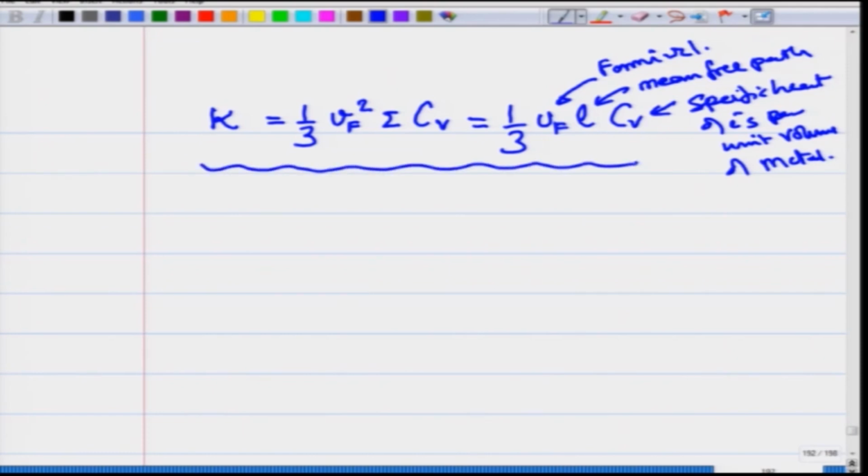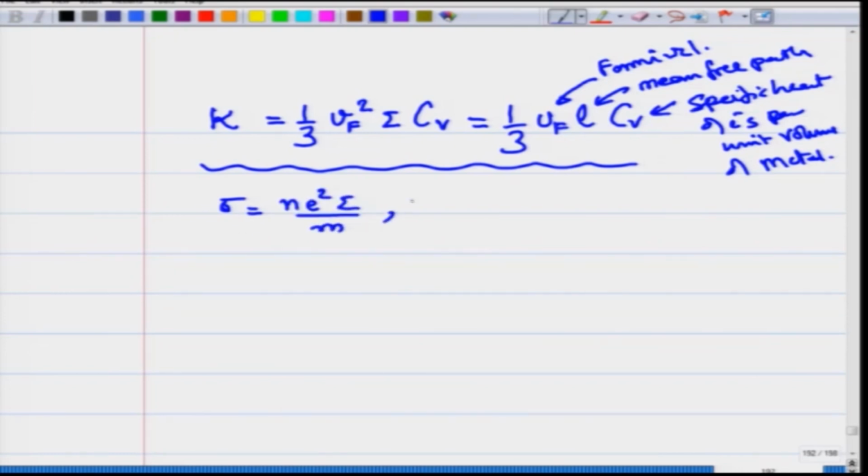This is your thermal conductivity expression. Now, if you recall, the expression for sigma can be taken to be the same as that given by Drude's model: sigma is equal to ne square tau by m.